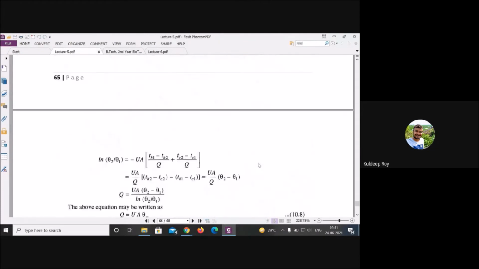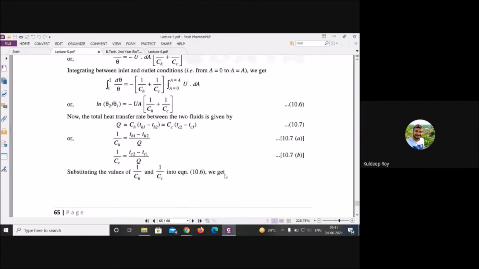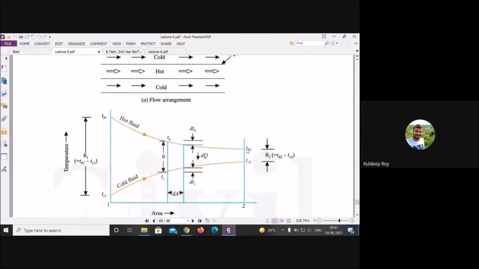And theta 2, how much will theta 2 be? This particular term, theta 2, is the difference between the hot fluid going out of the heat exchanger and the cold fluid going out of the heat exchanger. Just keep in mind the terms theta 1 and theta 2. These are the values of theta 1 and theta 2 for parallel flow.